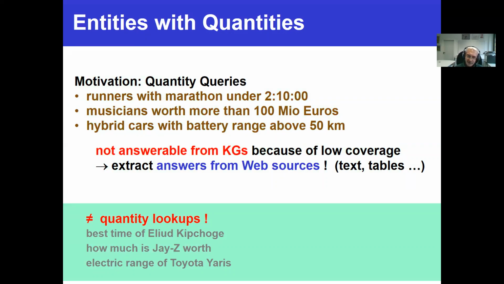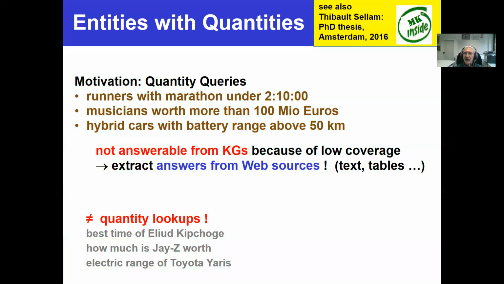Knowledge graphs don't do this for lack of coverage, but search engines actually are not bad at this. Another remark is that I actually had an encounter with somewhat related work in 2016. I was a secondary and external reviewer for this very nice dissertation carried out here.